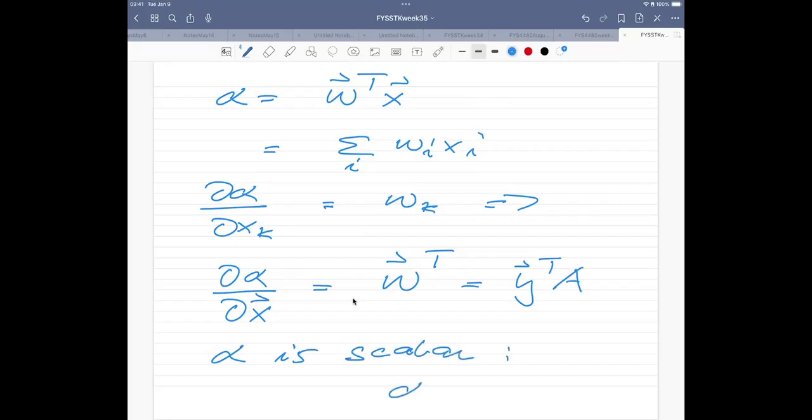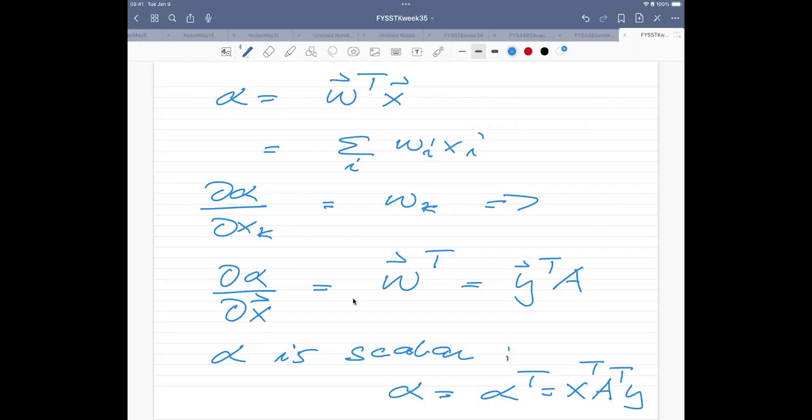That means that alpha is equal to its transpose, which means again that I can rewrite it like x transpose times A of t times y. And then I can repeat the same trick which I did before.